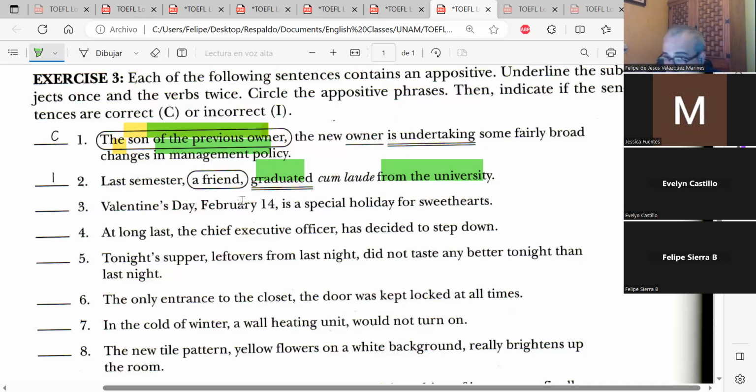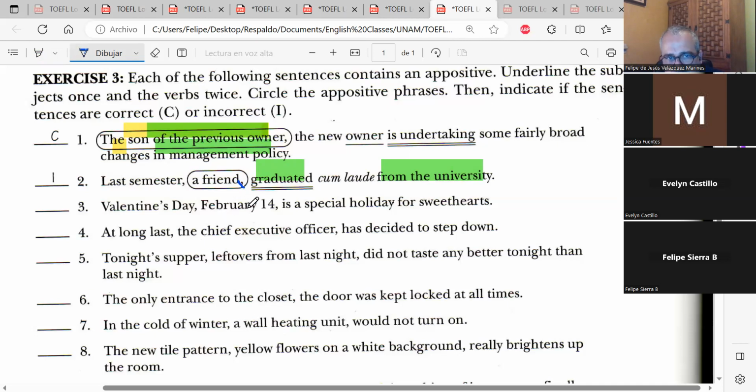So there are two options: either we include extra words to make the subject, or we eliminate a comma. So we can eliminate the comma after a friend.